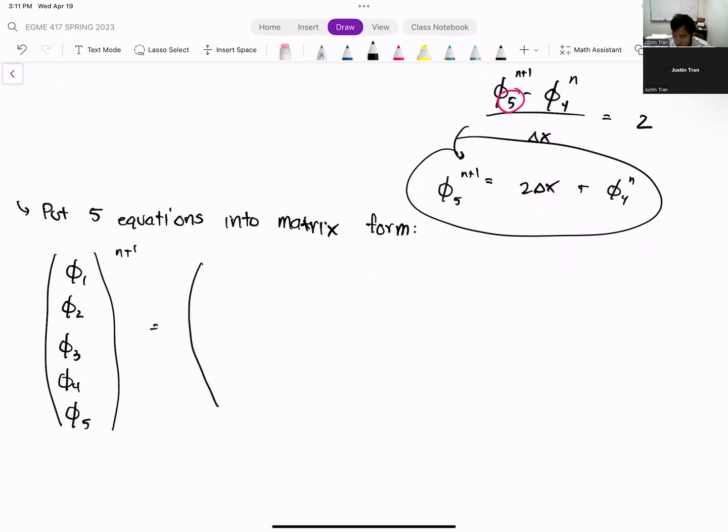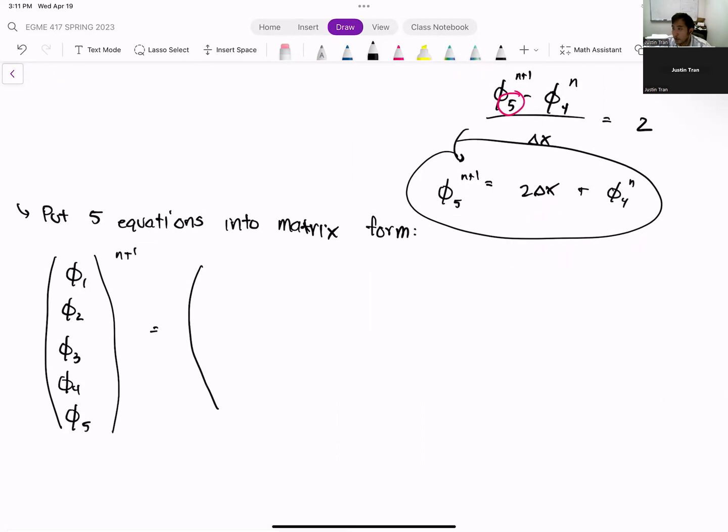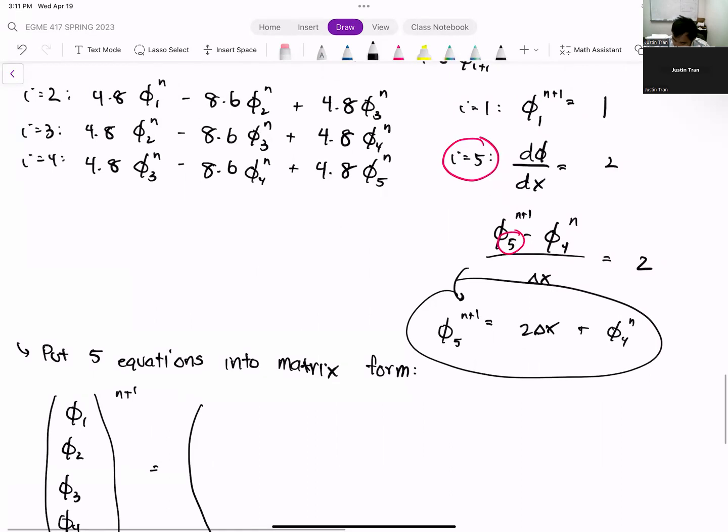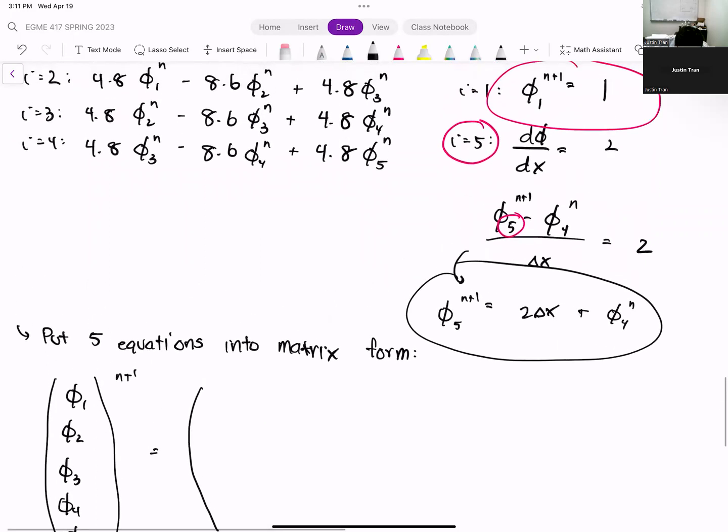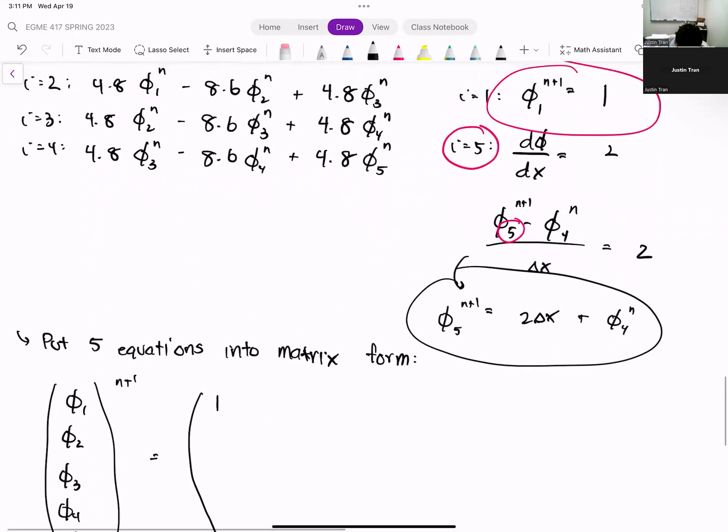Then we're going to write a matrix of coefficients for the phi n terms. Every term with a phi n, we're going to write a coefficient for. Our first equation is phi1 n plus 1 is equal to 1, so the coefficient for phi1, in this case, is 1. Everything else is 0.